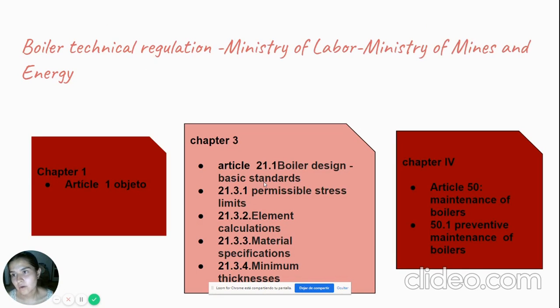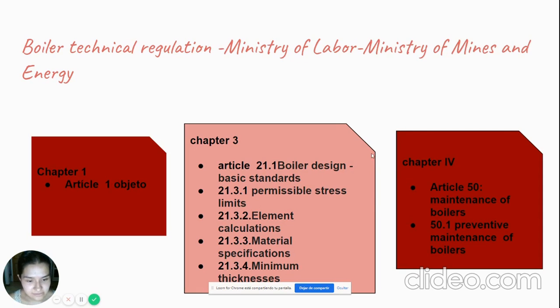Okay, this is the boiler technical regulation of the Ministry of Labor and the Ministry of Mines and Energy. In chapter 1, the name of the chapter is General Dispositions, and article 1 is the objective, which has three parts: requirements, a recovery system, the system control, and the security.